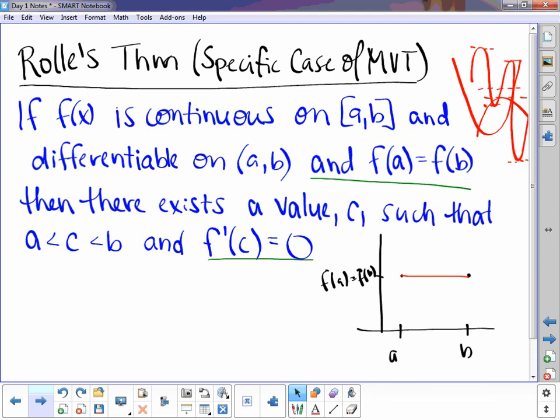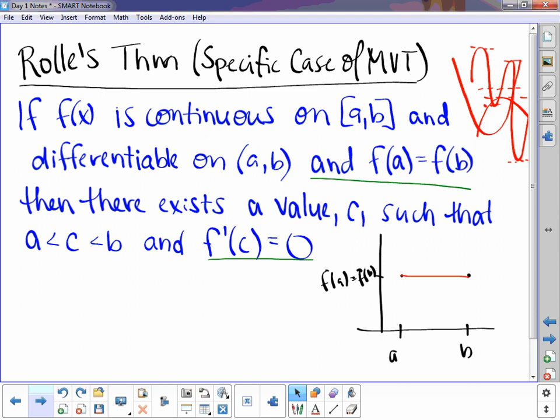So the idea is that if they're the same heights, you can either go straight across, which is slope of 0, or regardless of whether you go above or below, you're going to have to turn back around to get that height again, and it's going to cause that to be a slope of 0 at the top. So that's the idea there with Rolle's. If our endpoints are the same, then it's guaranteed that at some point in time, my slope will be 0. Questions with that?